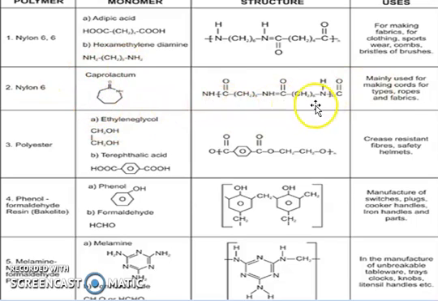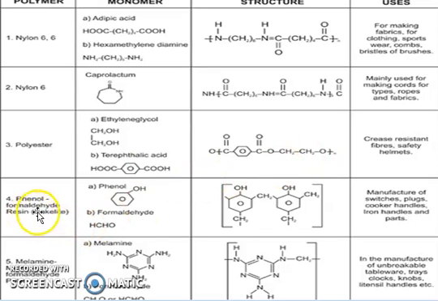This is its polymer unit. It is used in making coats for tires, ropes, and fabrics. Next example is polyester, a polymer with monomer units ethylene glycol and terephthalic acid. It is used in making resistant fibers and safety helmets.